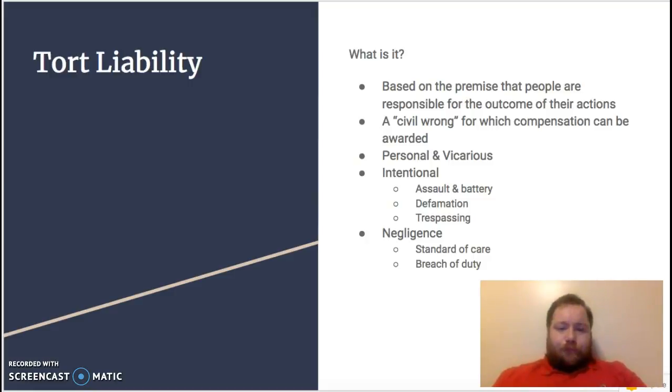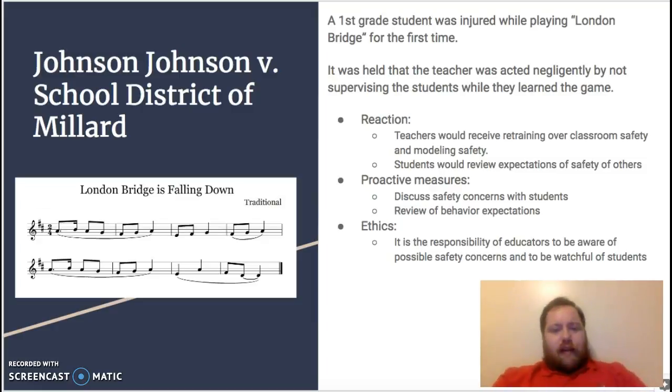The first case I'm going to talk about is Johnson versus the School District of Millard. The summary is that there was a first grade music class.